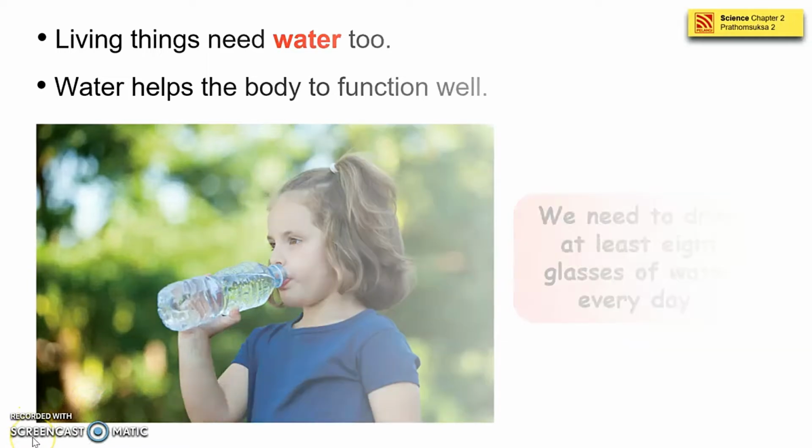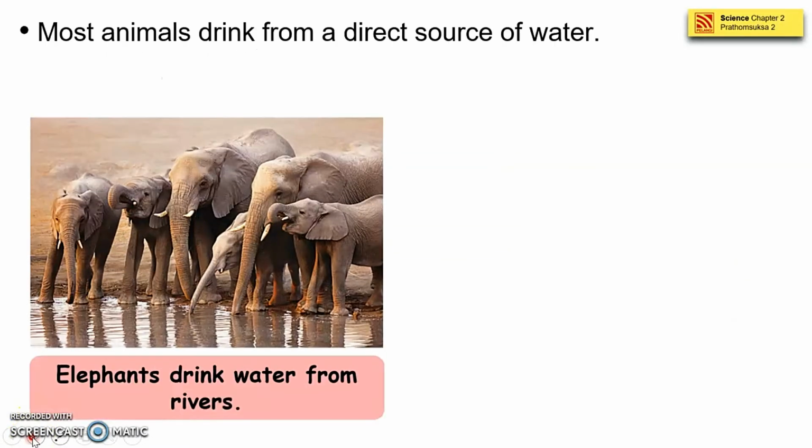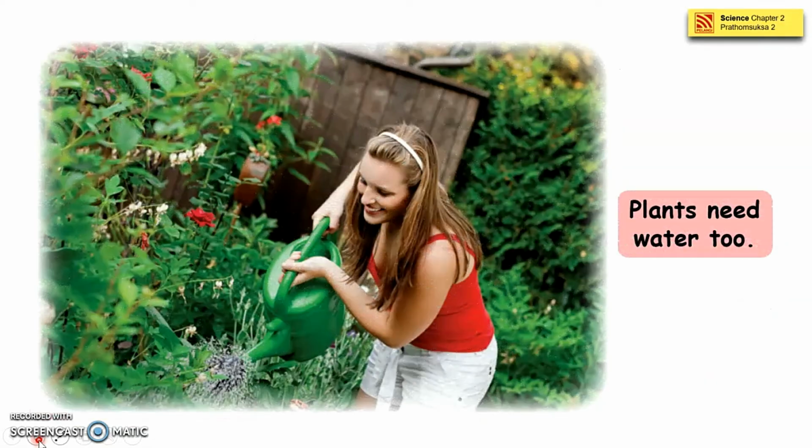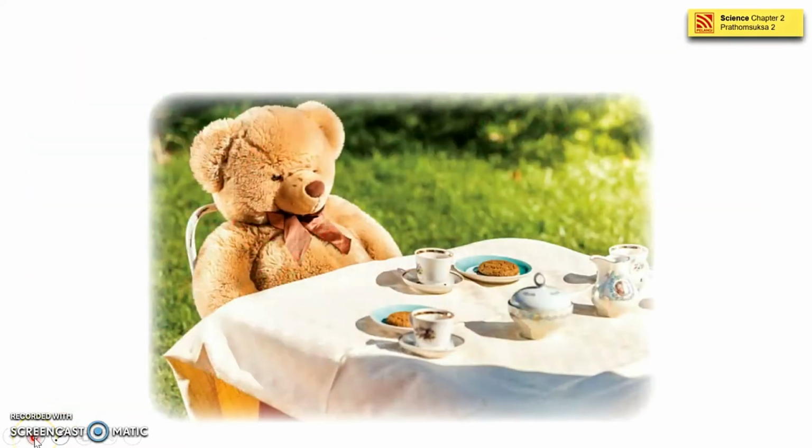Okay. Most animals drink from a direct source of water, like elephants drink water from the rivers, and caterpillars drink from the leaves. And plants need water too. Yes, of course, plants need water for them to grow.